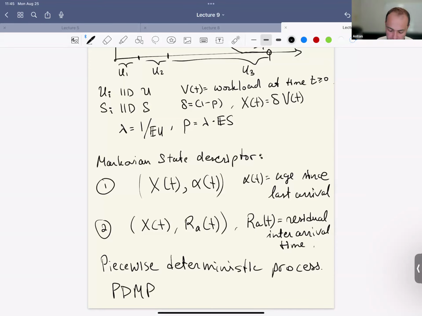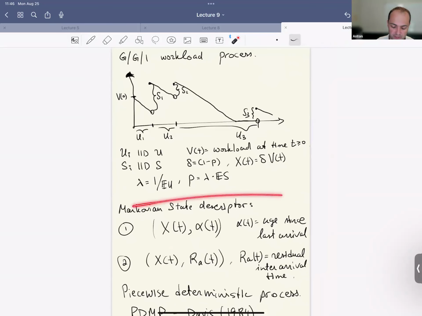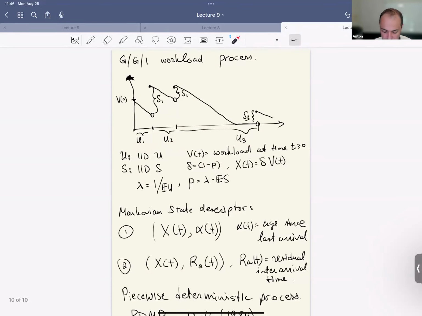So these piecewise deterministic Markov processes are a generalization. There's a paper by Mark Davis in 1984. These are generalizations of continuous time Markov chains to models where the inter-arrival distributions, let's say, are no longer exponentially distributed.